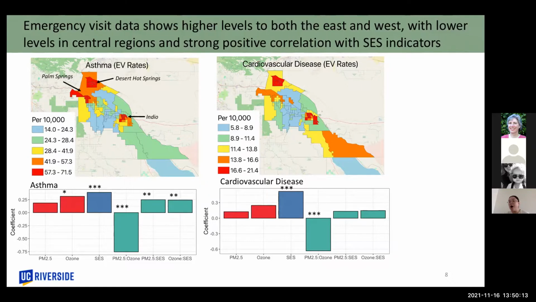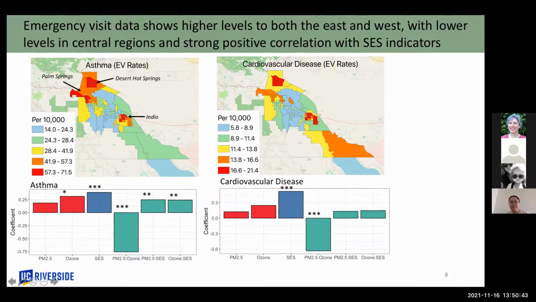If you recall the spatial distribution maps of the air pollution, you will remember that the areas with very high ozone pollution have relatively low particle levels, so it makes sense that the impacts of the particles are not so strong. In general, the results from the emergency visitation data meet our expectation.